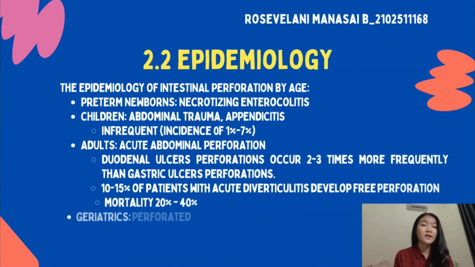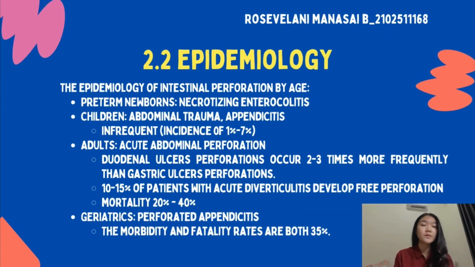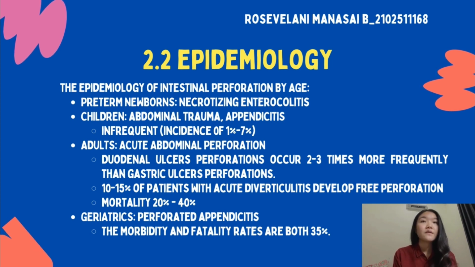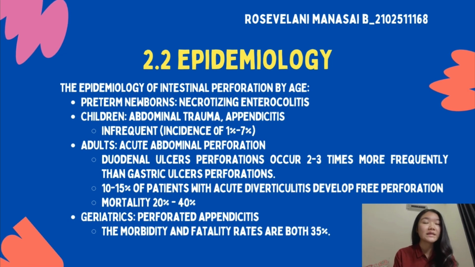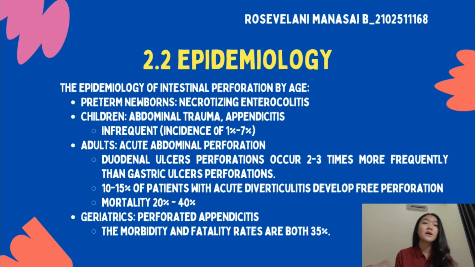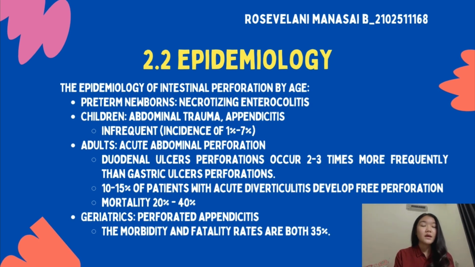My name is Rosie Villani with the last 3 digits of student number being 168. So the epidemiology of intestinal perforation can be classified by age. First, in preterm newborns, it is usually caused by necrotizing enterocolitis. In children, it is caused by abdominal trauma and appendicitis, but it is infrequent as the incidence is only 1 to 7%. In adults, intestinal perforation is usually caused by acute abdominal perforation.